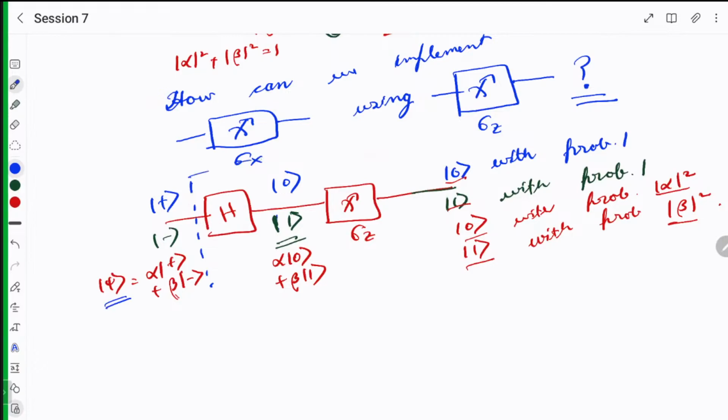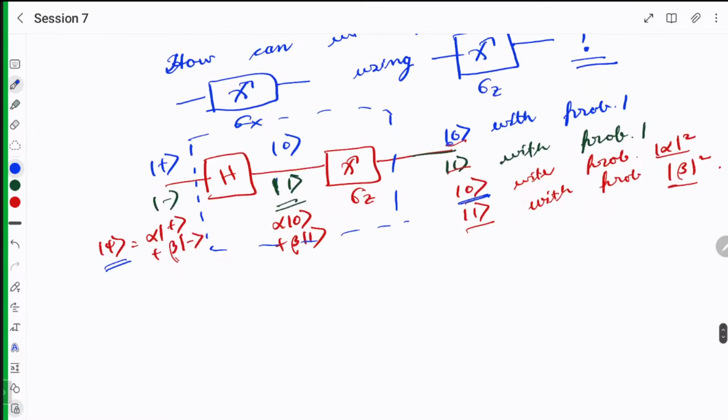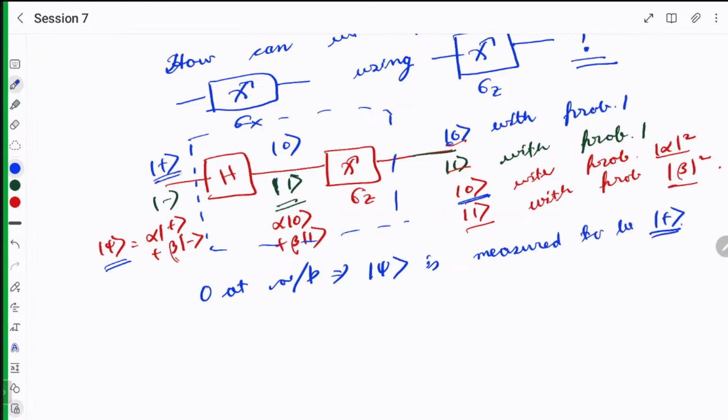After this whole operation, if you get 0 at the final output, then you can say that psi is measured to be |+>, because I am just converting |+> to |0> and measuring in that basis.